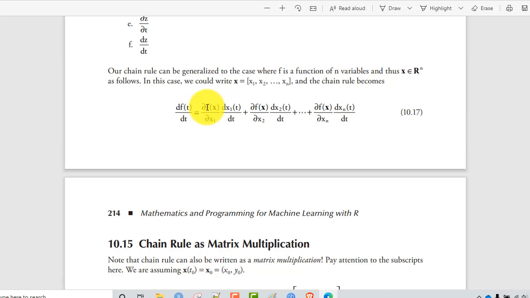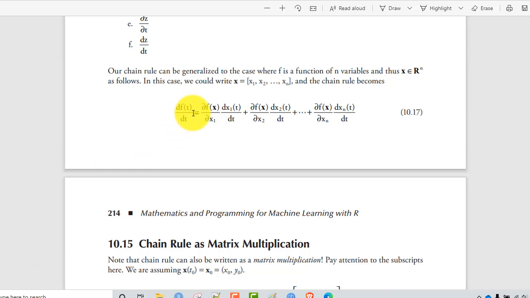Yeah, because at the beginning level, the function depends on x1, it depends on x2, it depends on xn. So those should all be partials. But at the final level, each of those, x1, x2, and so on, depend only on one variable in the case that we're talking about. This depends only on one variable t. This depends on the same variable t. So we can confirm that we should be getting partials here, but full derivatives here.